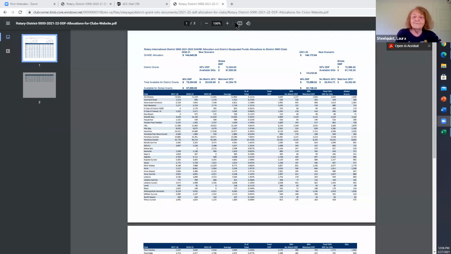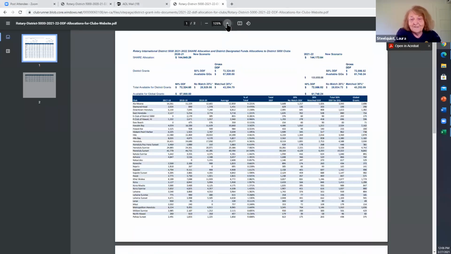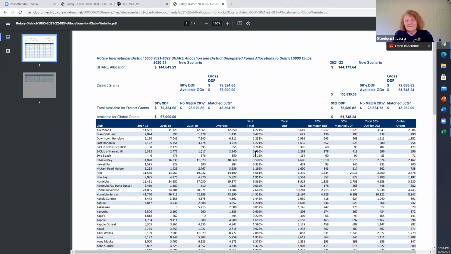And so far, every year, the foundation team has elected to keep that the same. But at any given point, the foundation team can decide to use more money for global grants, or decide that we don't need the matching funds anymore, or we don't need the no matching funds anymore. We tend to just keep it as simple as possible so that we can get more people understanding the process, hopefully.